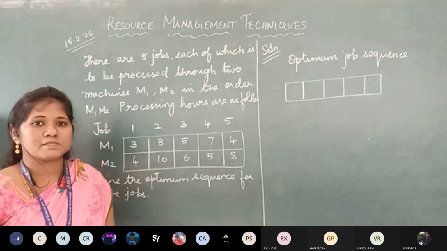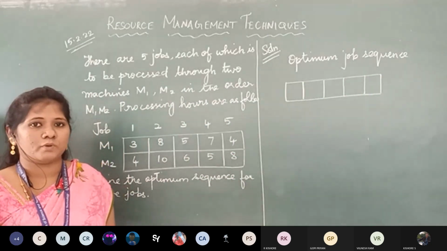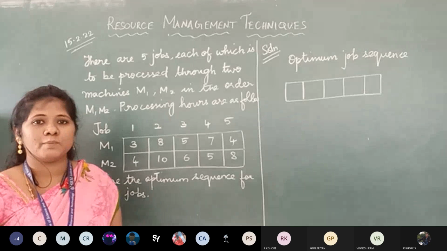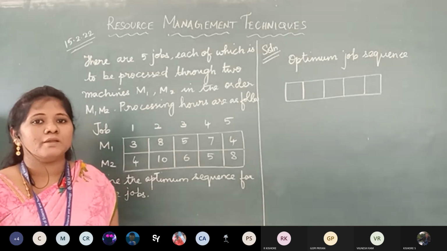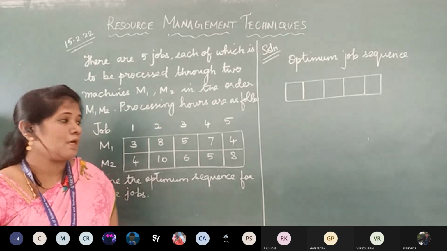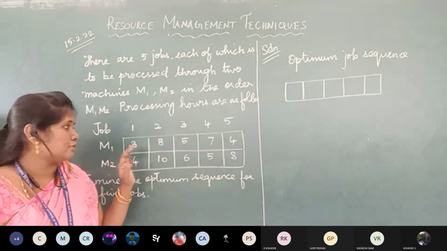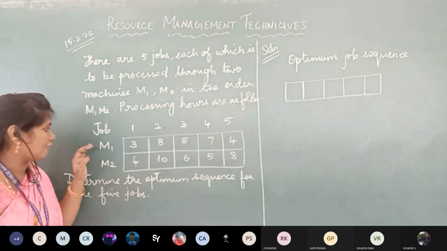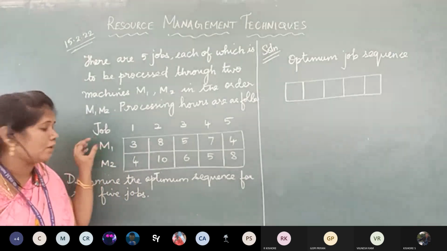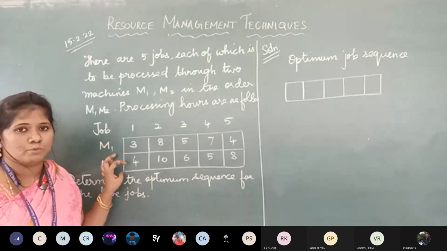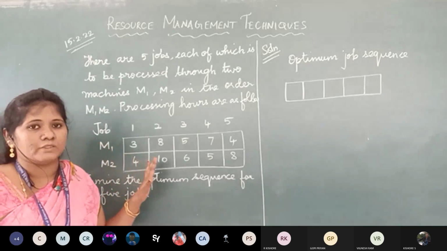We are going to sequence the jobs in the order from the minimum value to the greater value. For that you have to start from your machine M1. That is your no passing rule. According to it, you start from machine M1 and only then go on to machine M2, even if you've got your minimum value there.